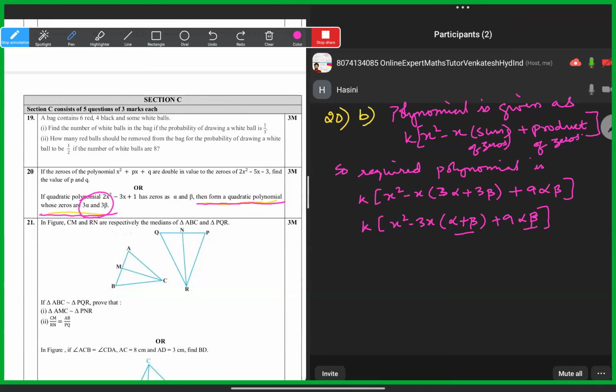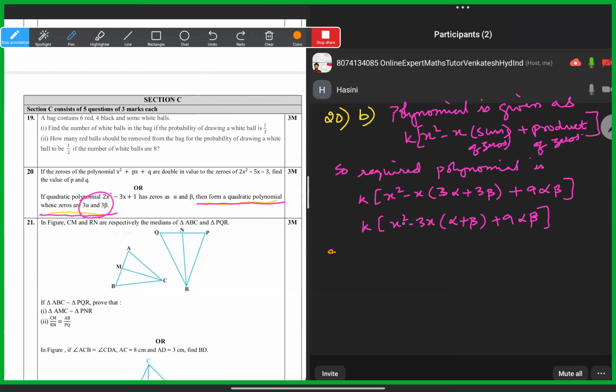What is the first polynomial they gave? If quadratic polynomial 2x square minus 3x plus 1 has zeros alpha and beta, let us keep it as equation 1. Alpha, beta are zeros of 2x square minus 3x plus 1.